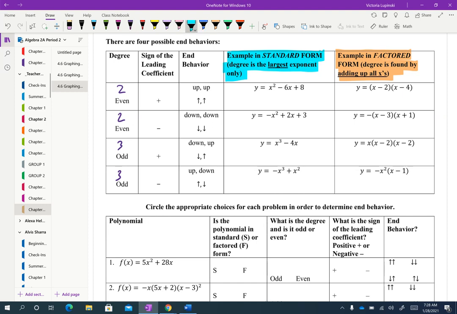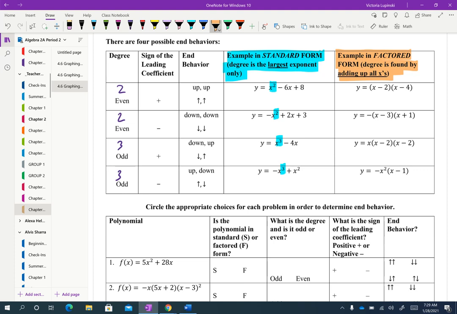Here in the standard form, the degree is the largest exponent only, so 2, 2, 3, and 3. Anytime you see something in standard form, which means it's multiplied all the way out, the degree is only the largest one. Compare that to factored form, where it's written with all the different parentheses.